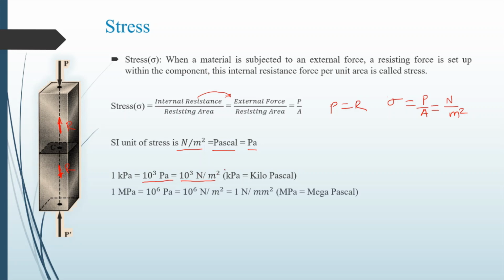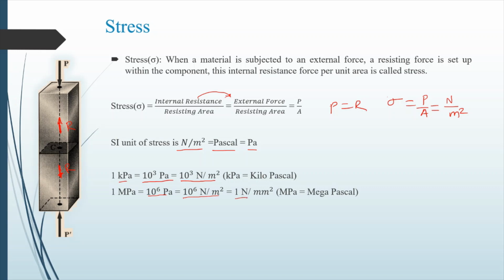Then the second conversion, 1 megapascal. Mega stands for 10 raised to 6, and kilo stands for 10 raised to 3. So 1 megapascal is 10 raised to 6 Pascal, or 10 raised to 6 Newton per meter square.